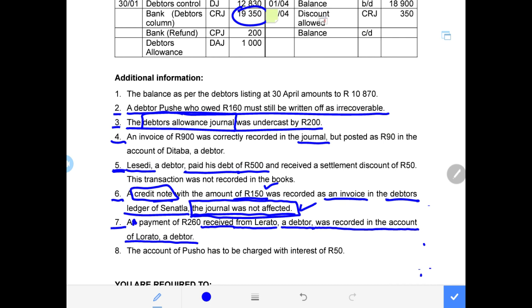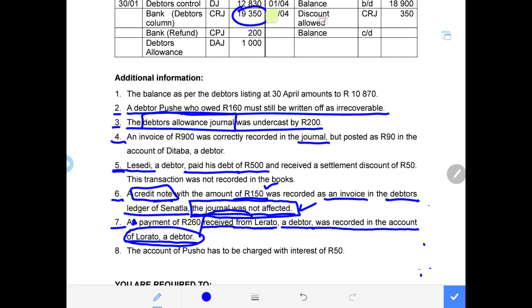The money is received from who? From Lerato, but is recorded in the account of Lorato, and both of them are our debtors. So in other words, we need to remove it from the account of Lorato and we record it in the account of Lerato. And this is only the specific customers' accounts.